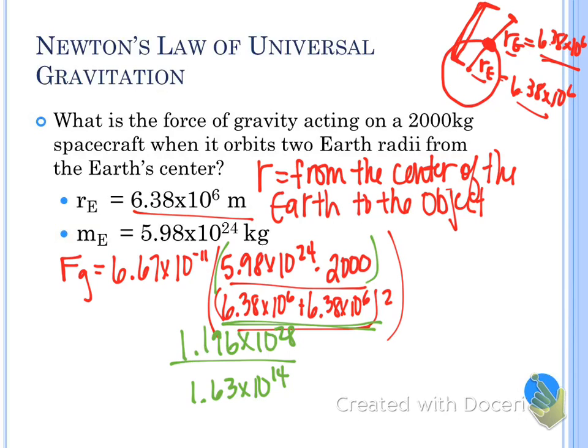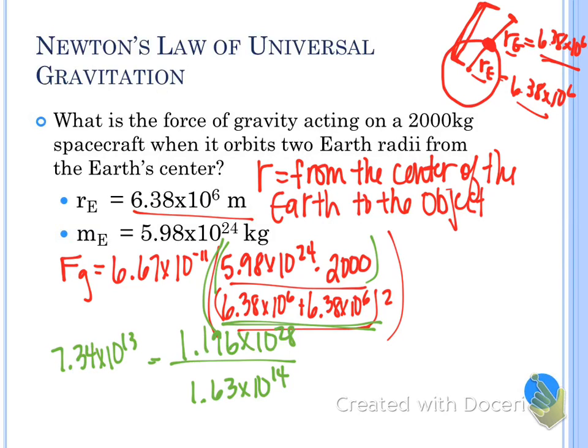So I'm going to just hit divided by, and it's going to take that answer in my calculator divided by 1.63 times E, or second E, 14. Okay, that gives me a value of 7.34 times 10 to the 13th.